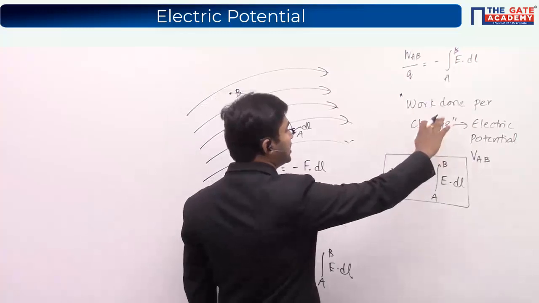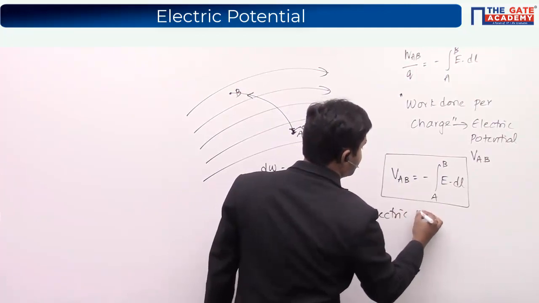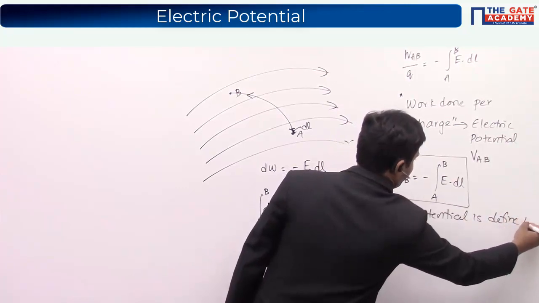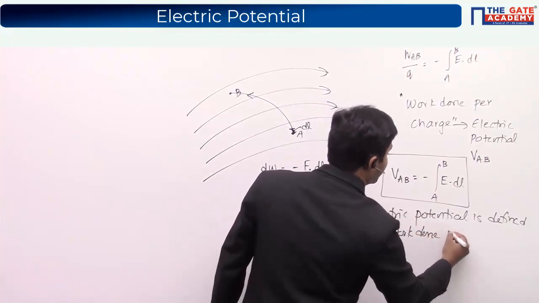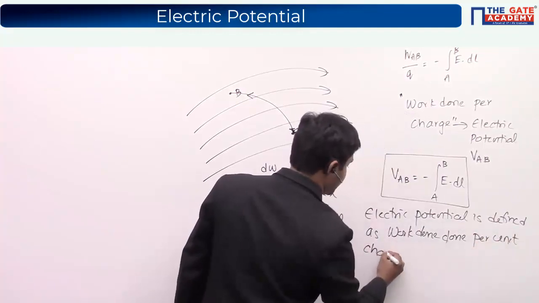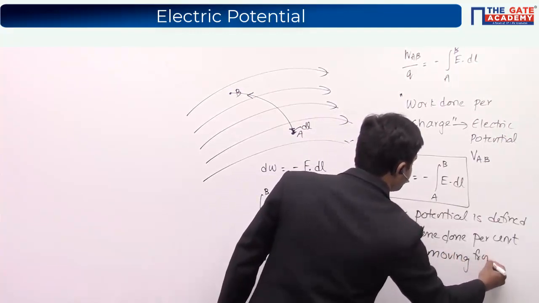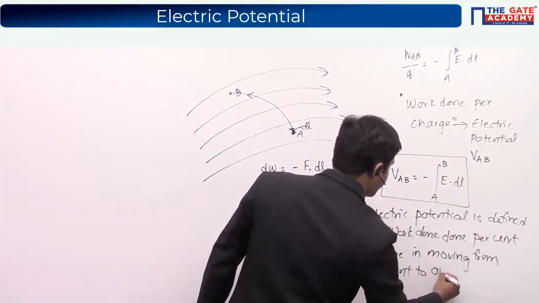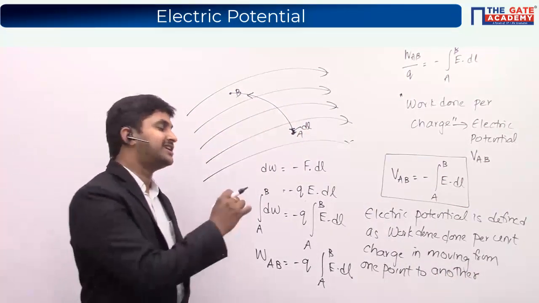So how can we actually define this electric potential? The electric potential is defined as work done per unit charge in moving from one point to another against the field.